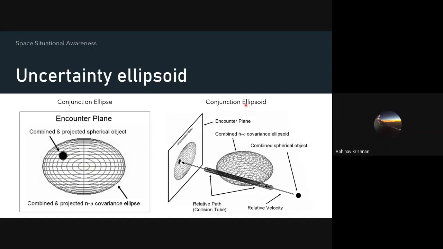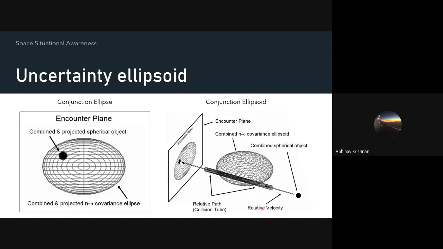On the conjunction ellipsoid side of things, you see the 3D version of this object. You see the encounter plane, you see the target moving into the sphere, and that is being intersected by a larger sphere of the chaser. The combined region of that is the black ball that you see here. And the velocity at which they go past each other or encounter each other is called relative velocity.